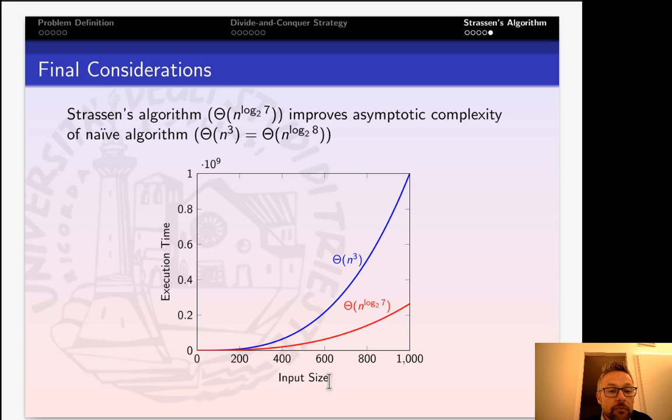So dealing with matrices of these sizes already shows you the differences in applying the Strassen algorithm with respect to applying the naive algorithm or the divide and conquer algorithm.